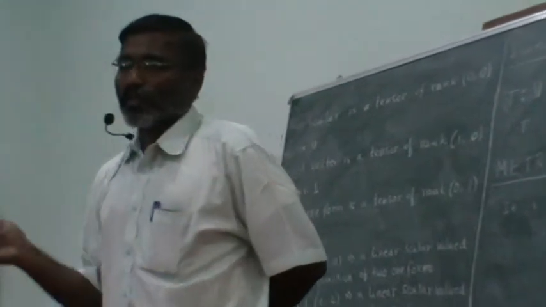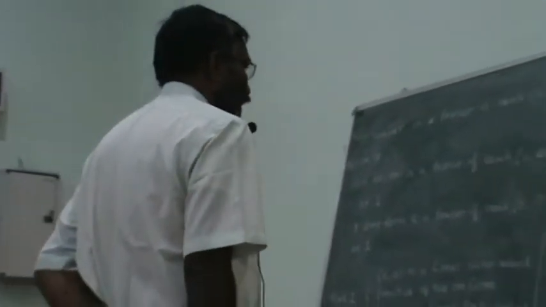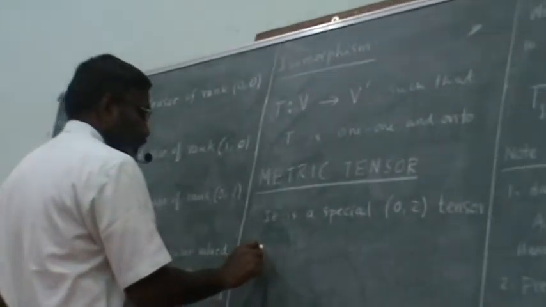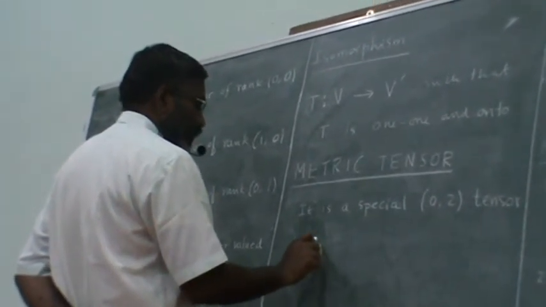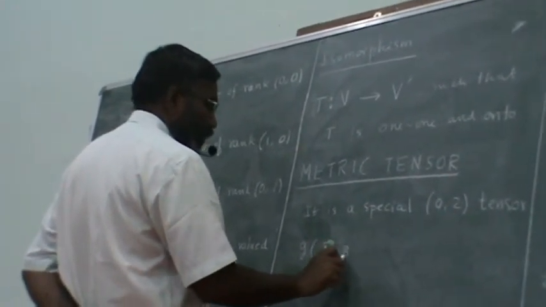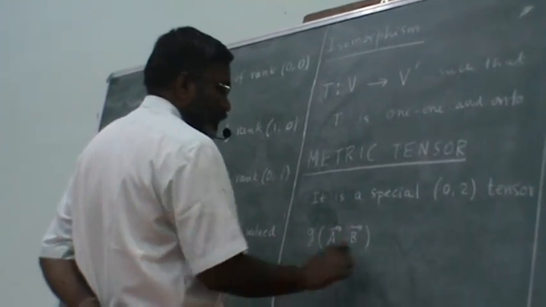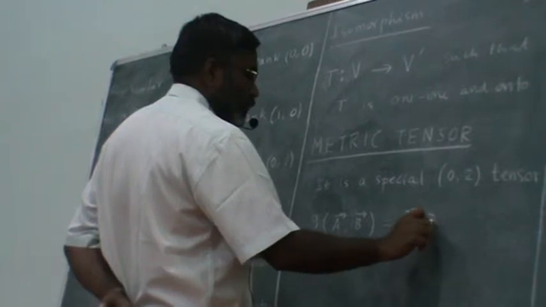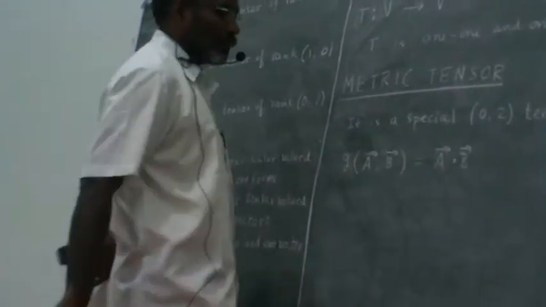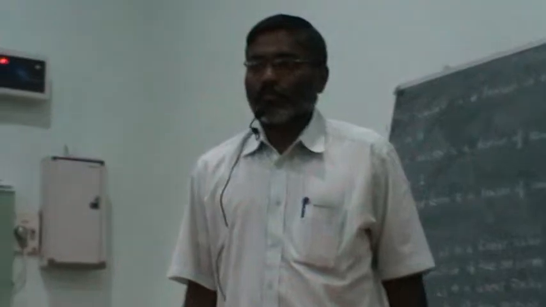That means two vectors are given as input and we get a scalar. That means I am going to have G of two vectors A, comma B, which is equal to simply A dot B. G of A, comma B is simply A dot B.